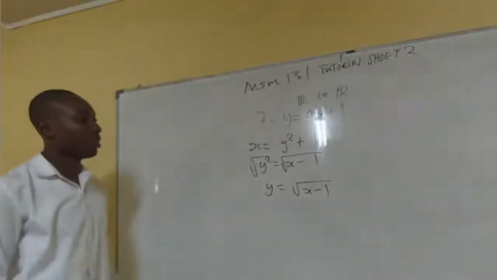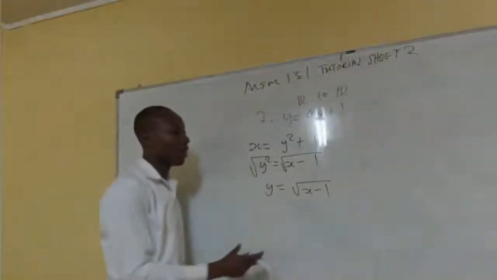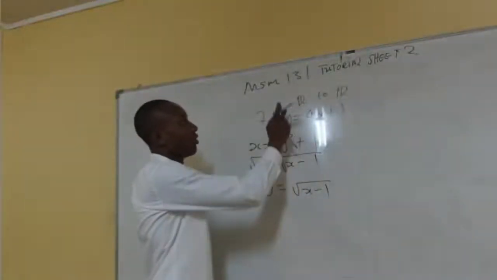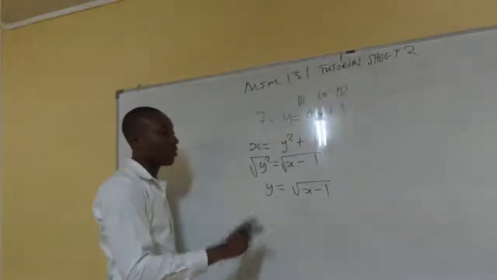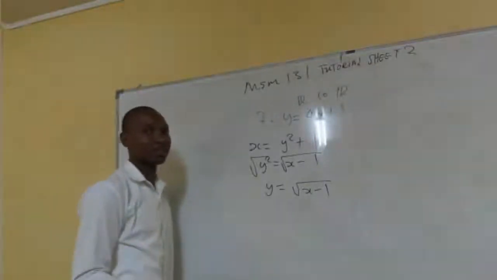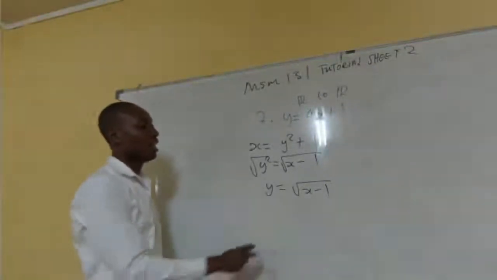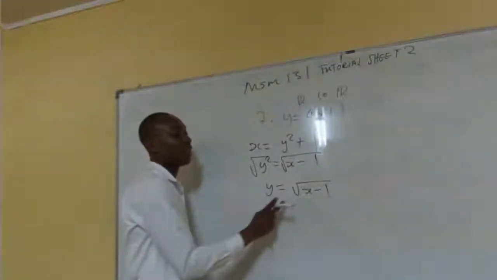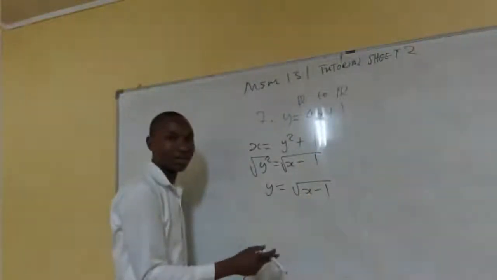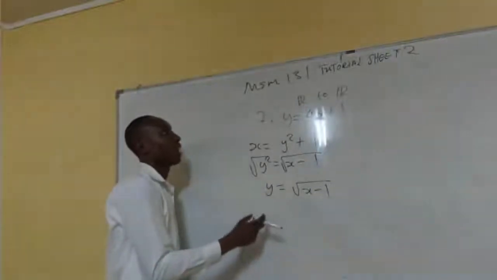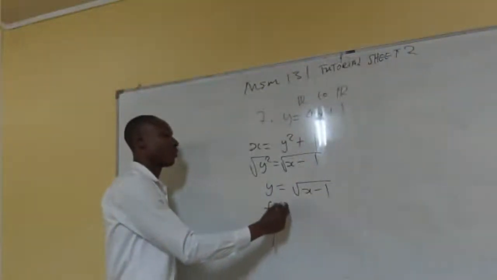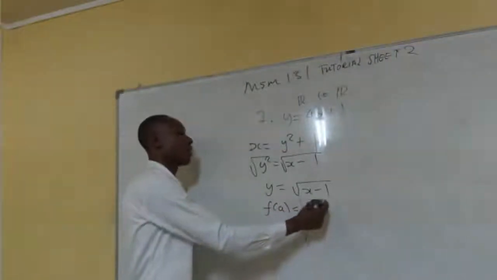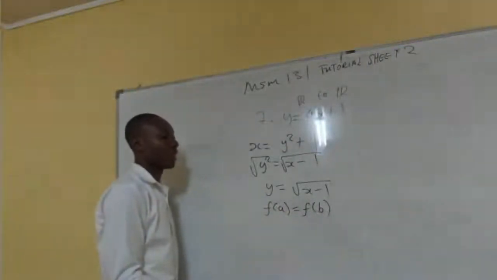So again, we are asking ourselves, for every value of x you pick in here, is this going to give you a unique value? The answer is yes, because for any number you pick here, there's no other number that will give you the same answer. So this is also a function. So we can check. We're going to say f of a should be equal to f of b, right?